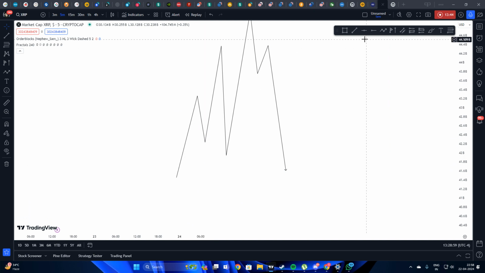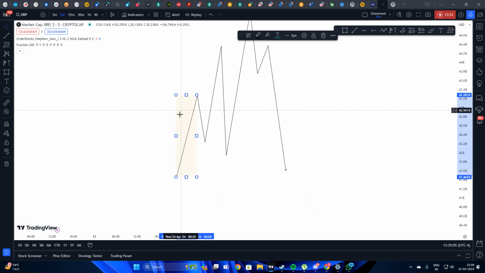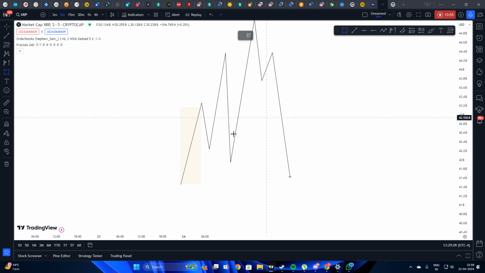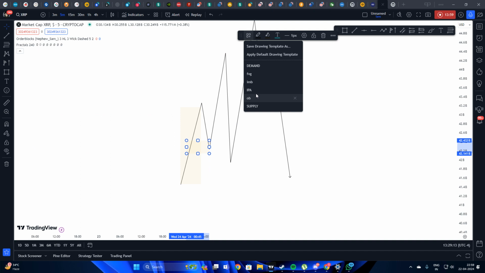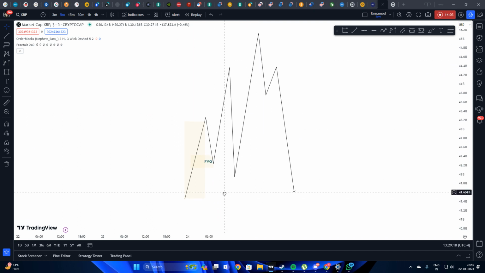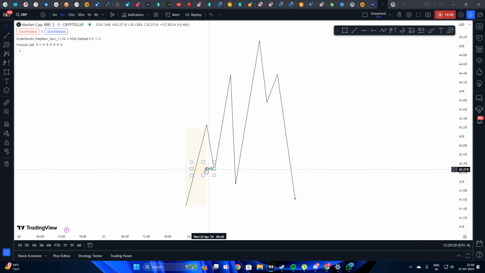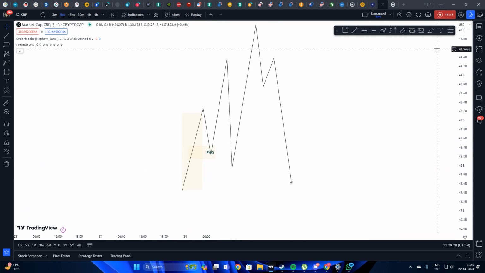Please note that these are three big wicks, and thus there's an FVG in here, which the market closed. Now, the market took some support on the FVG and then it moved forward.